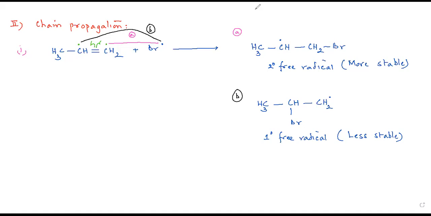Now let us take the second step in chain propagation itself. The free radicals formed in the first step now get hydrogen free radicals. Let me consider the more stable one, the 2 degree free radical, right?